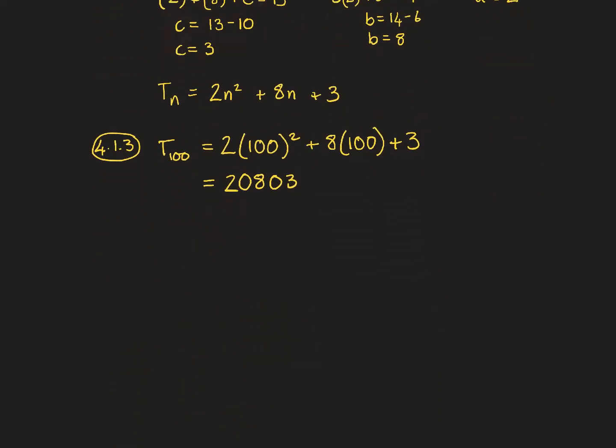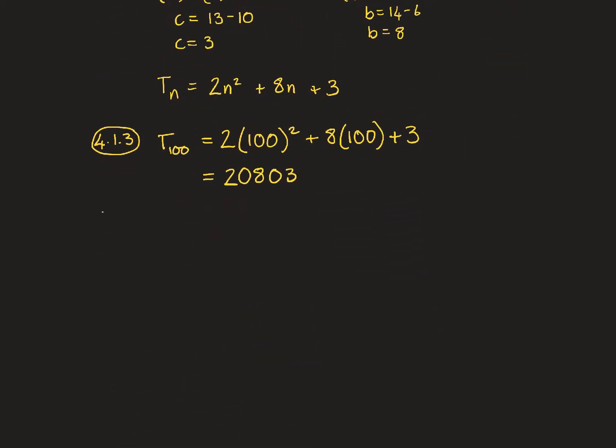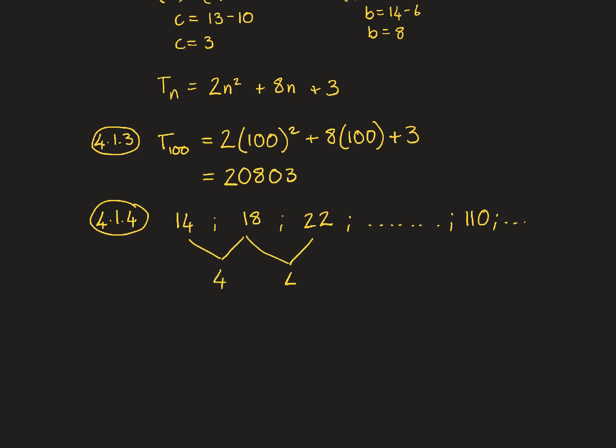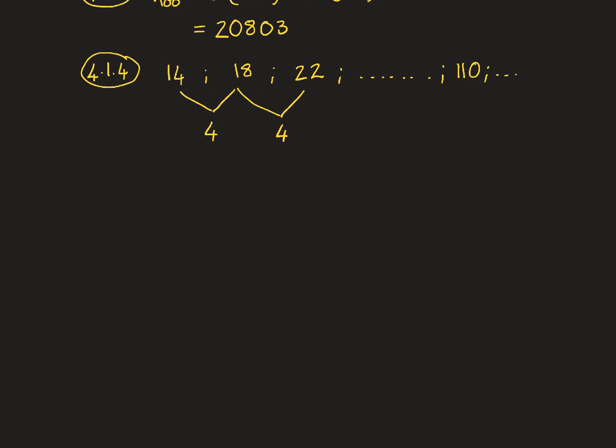So I'm just going to move down. The numbers that we had for that pattern were 14, then 18, and 22. So we've got to figure out where 110 will be. Let's start by determining the general formula, and we're going to do that by looking for the common difference. This is a linear pattern, and I know that because it always increases by the same amount.